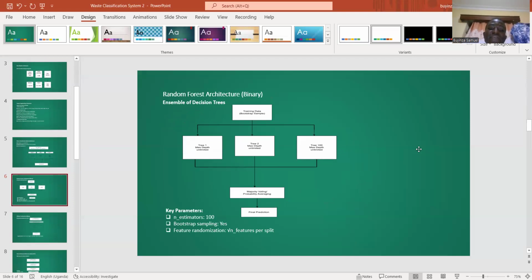When you look at the random forest architecture for the binary task, we look at an ensemble of decision trees, where the training data is split among trees: tree 1, tree 2, up to our last one, which, since we set our workspace, took us up to 100.